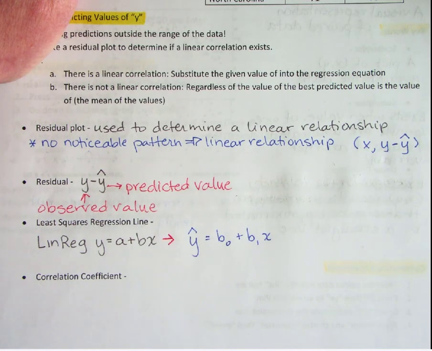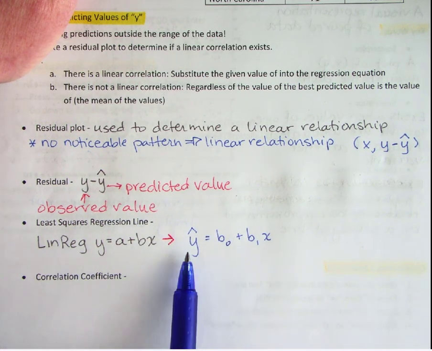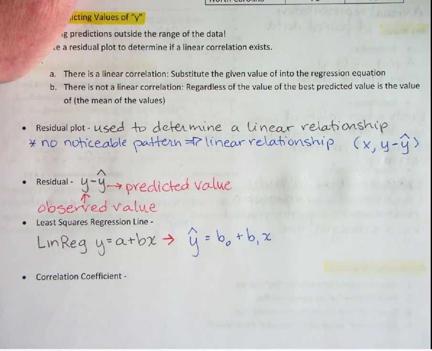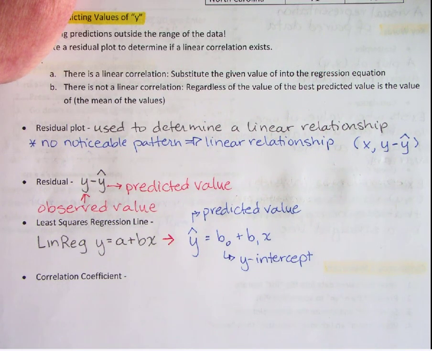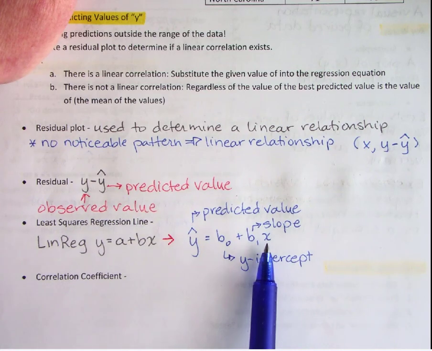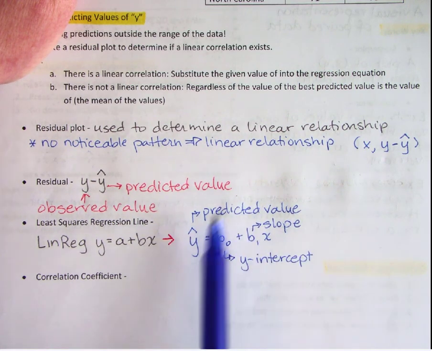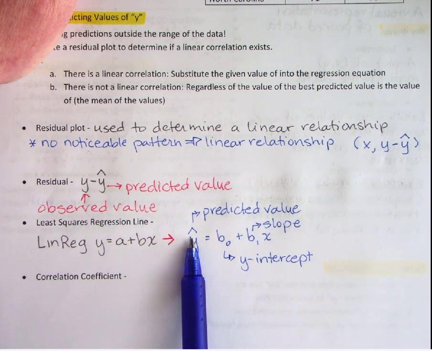A least squares regression line is in the form of y hat, which again represents our predicted value. B sub 0 represents the y-intercept, and B sub 1 represents the slope of this line. So in this equation, we can look at any input value and predict the outcome or the y value.